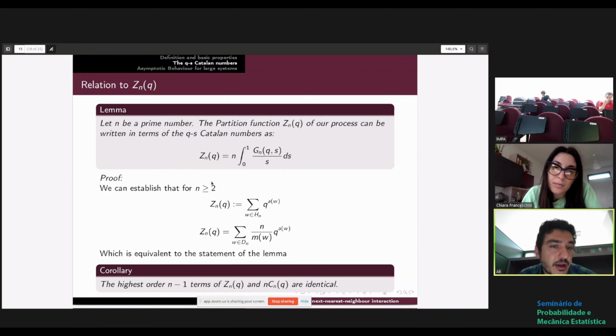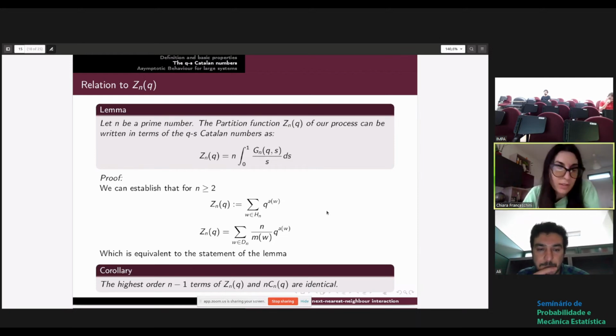If n is not prime, you can have a class of equivalence by rotation or translation which is not equal to the size of the system, but might be, let's say, half of the size of the system, or a third if n is a multiple of 3. So in a sense it's easier, but this happens to be true even for non-prime numbers. Okay, thanks.